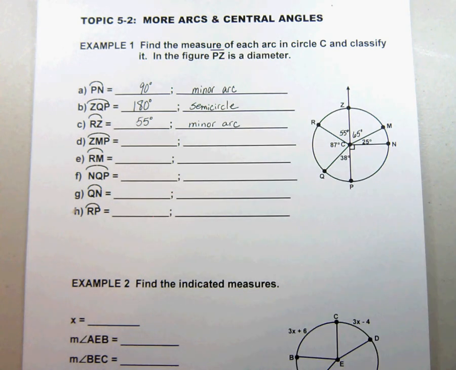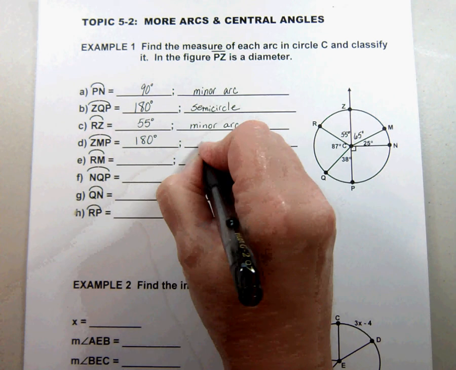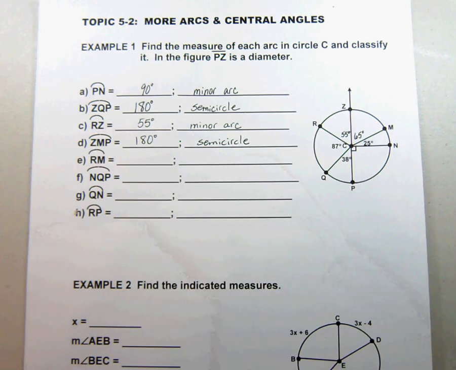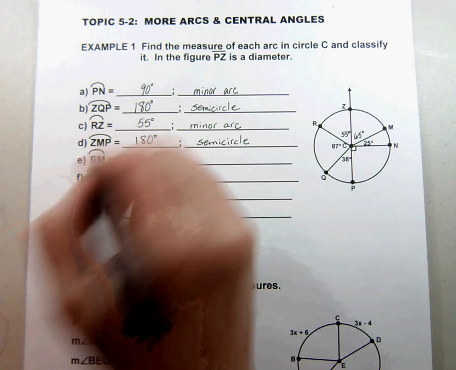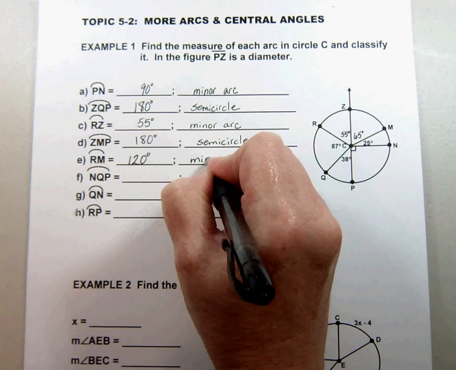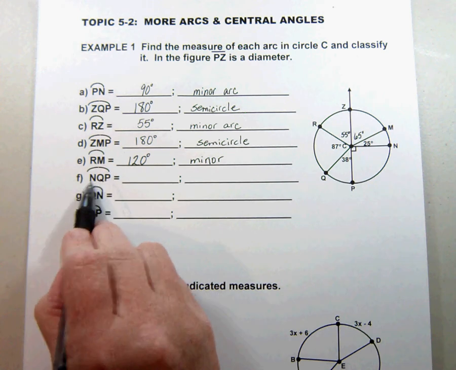ZMP is another semicircle. On RM, you'll have to add 55 and 65 because that's a minor arc and it means the smaller one, so that's 120 when you add those two. That's a minor arc. I know that also by knowing it's only two letters.